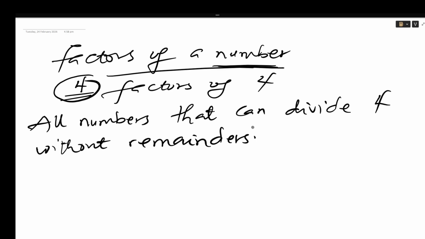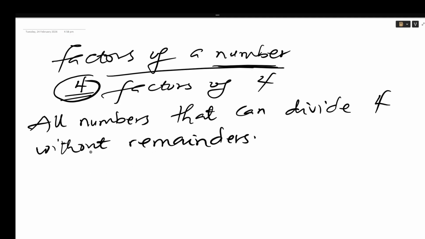All numbers that can divide 4 without remainders. So when you say factors of 4, that means there are certain numbers that can divide 4 which won't leave any remainder, or remainder 0, in other words.